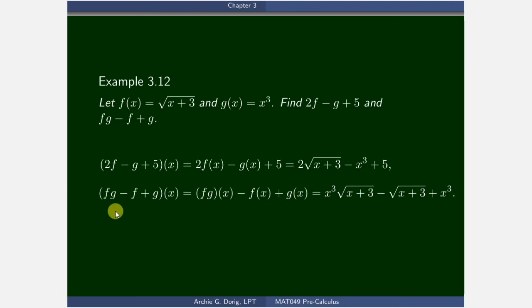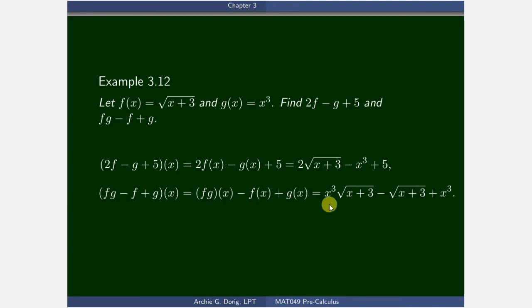Then f times g minus f plus g of x is just equal to the product of f and g of x minus f of x plus g of x.